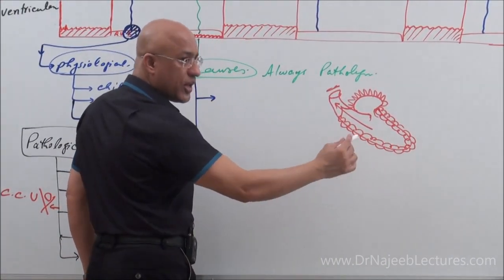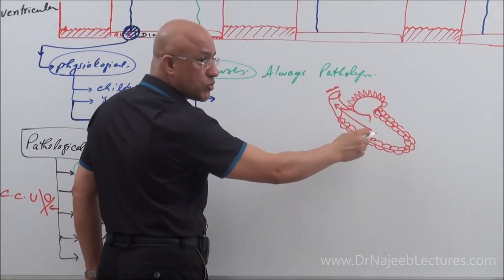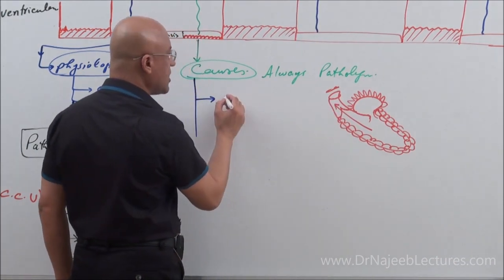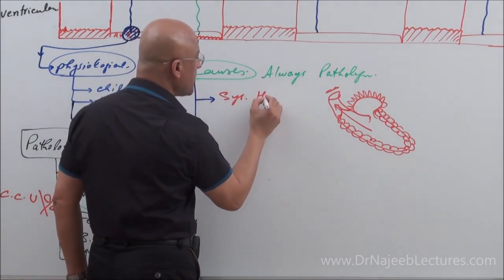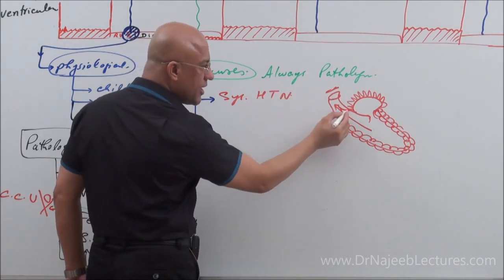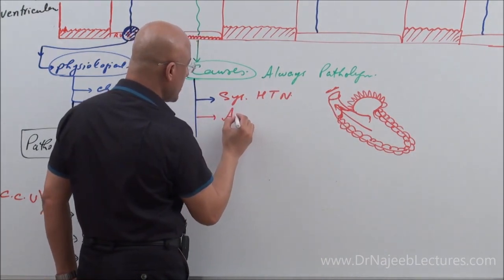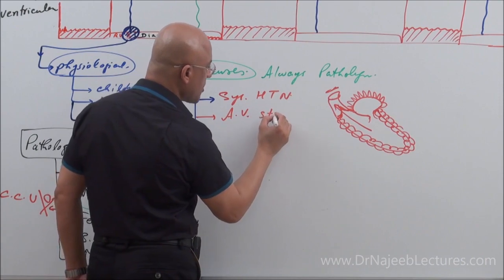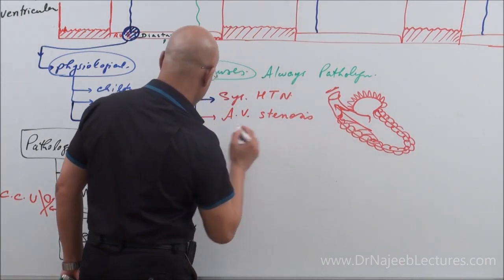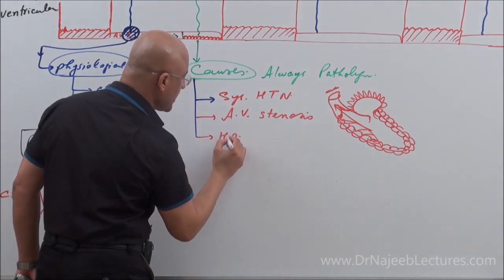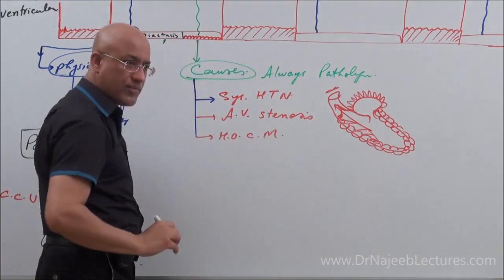The causes of resistance to outflow may lead to pressure overload. The ventricle has to beat against more pressure, pressure overload, like first of all systemic hypertension, then aortic valve stenosis. And then there can be hypertrophy, hypertrophic obstructive cardiomyopathy, right?